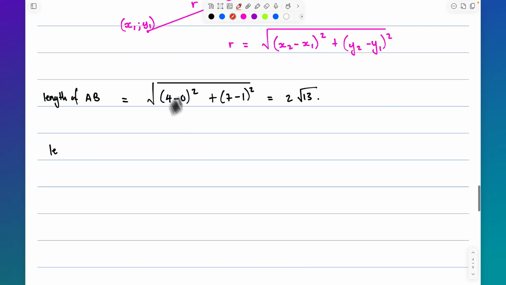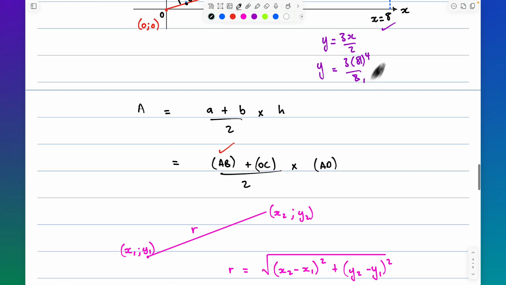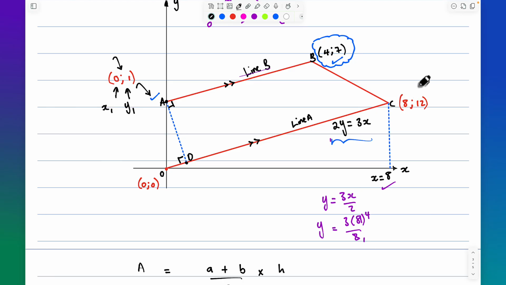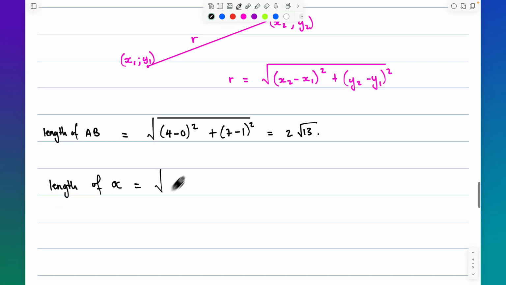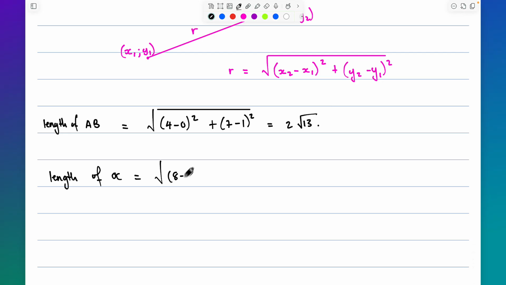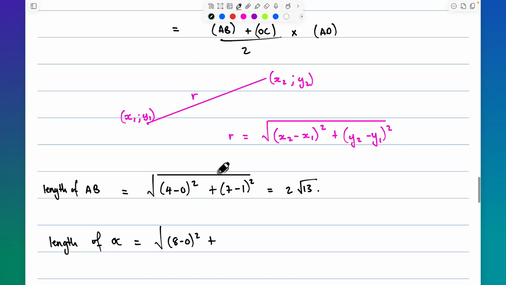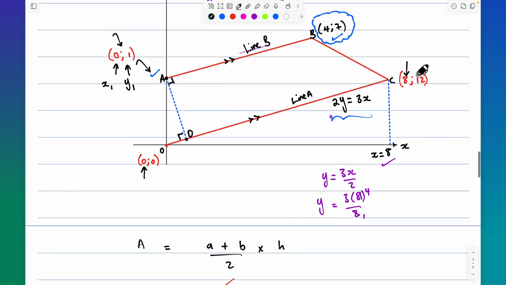So now we can go into our equation and say the length of OC is equal to the square root of the difference in your x's. Your x value here is 8, and the x value of that point is 0. So that's going to be 8 minus 0 squared plus the difference in your y's. The y value of that point is 12.